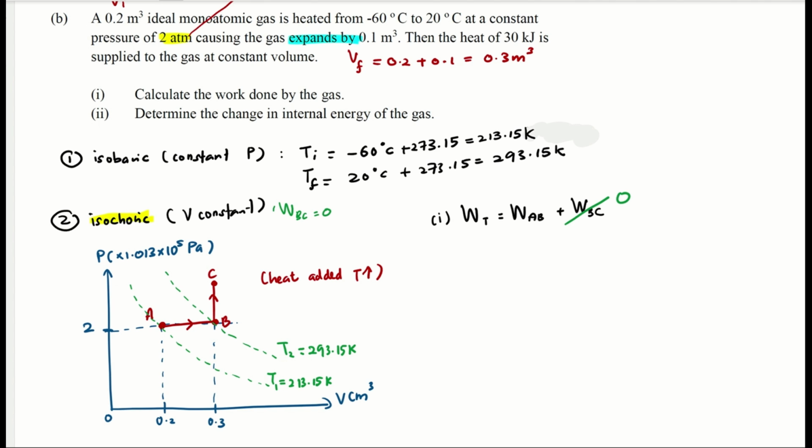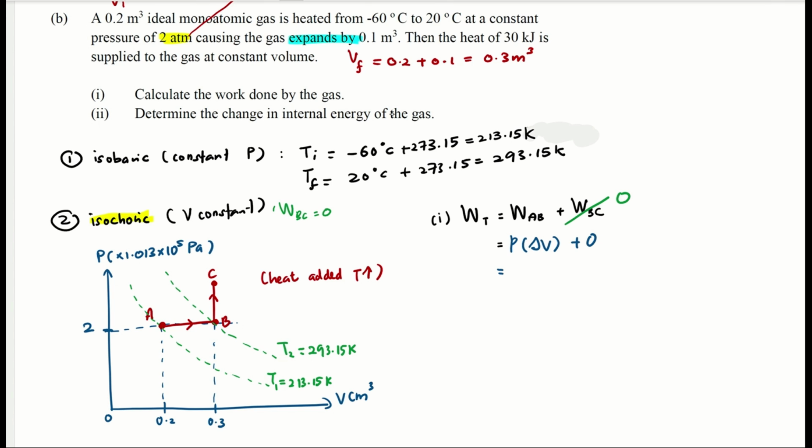But for WAB, we can calculate W from A to B, constant pressure. Remember, equation dah ada kat depan kan? You ada equation 72, 73, 74. Okay, kita akan guna equation 73, which is P times delta V. So this one, P times delta V plus 0.